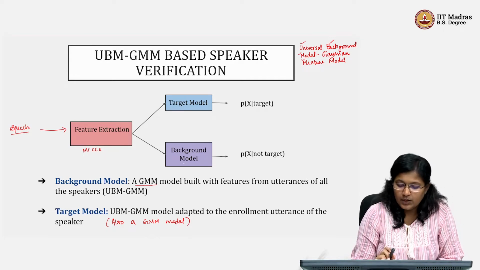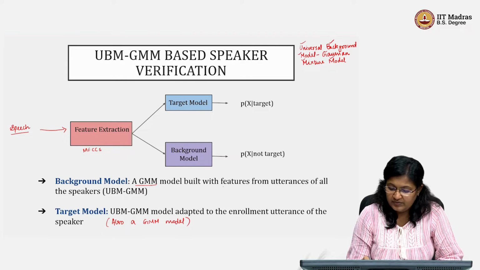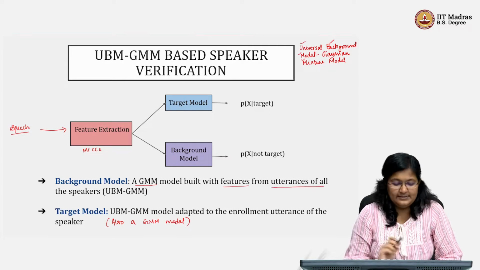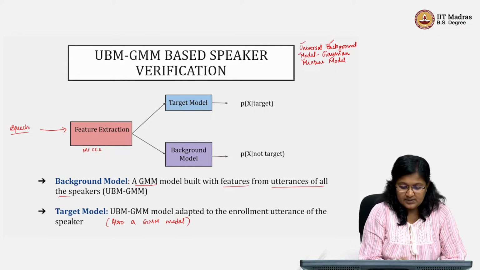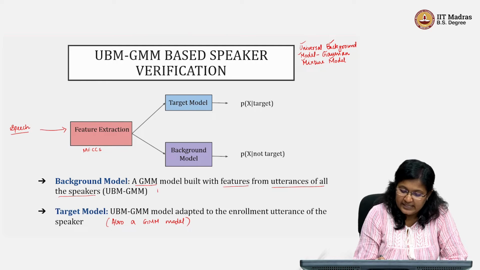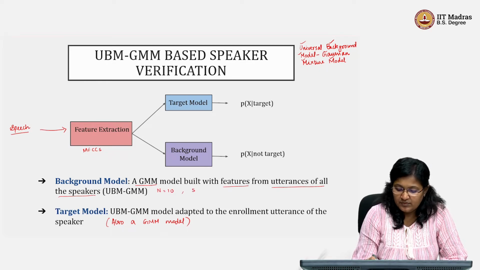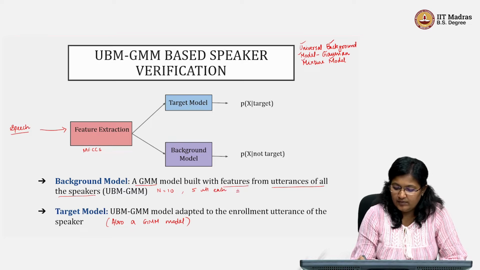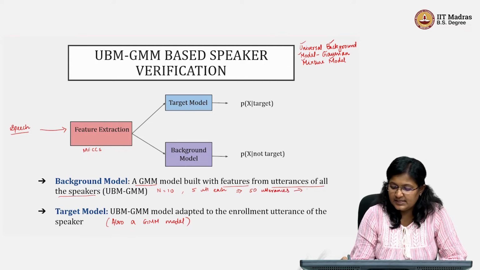To build a background model, you use the features from all the utterances of all the speakers. Say you have 10 speakers and each speaker gave you 5 utterances. Then you will have how many? 50 utterances, and for all these 50 utterances you do feature extraction.